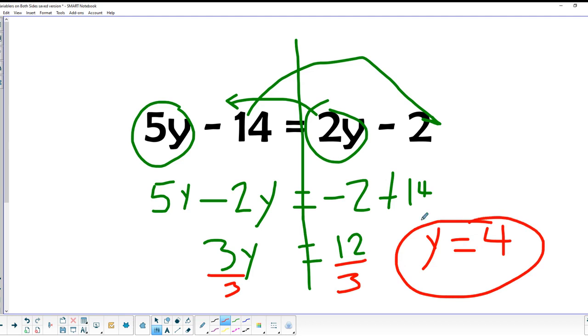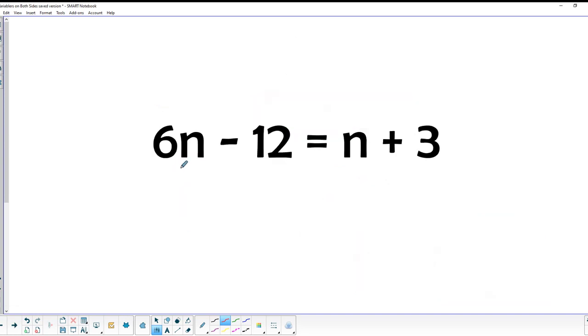Now, I don't think this is looking all that hard, and all I'm doing is adding or subtracting, multiplying or dividing integers once again. Okay, here's a nice little problem. So let's move all the variables to the left side in this case. So 6n is already there. We've got our equal sign, and then this n is going to move across.